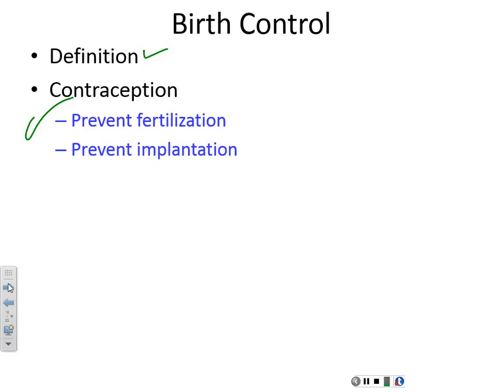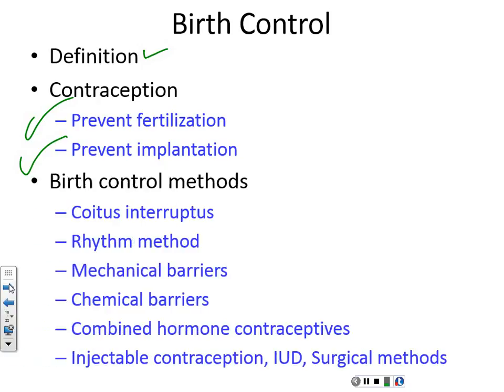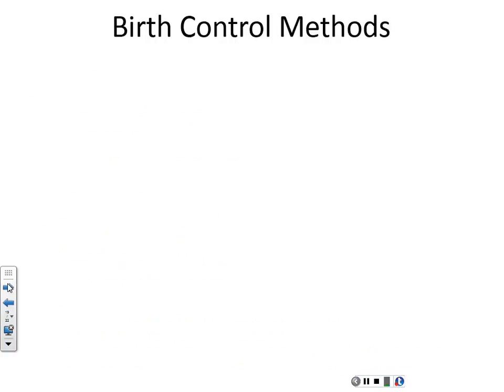Or if fertilization has occurred, contraception can also work by preventing the implantation of the blastocyst. Then we get all these methods, which I'll talk to you about in the future slides. Birth control methods are not to be confused with birth control, or with contraception. Do you see the differences?